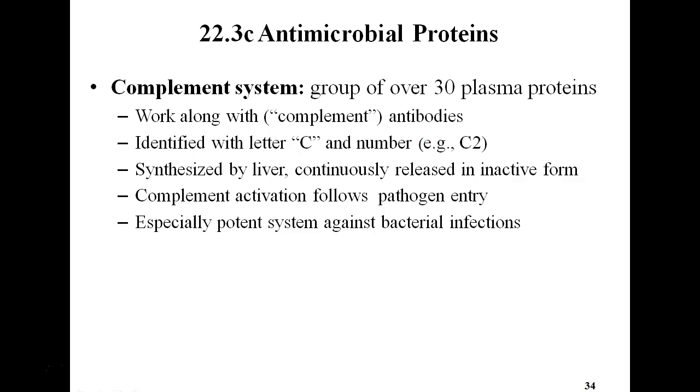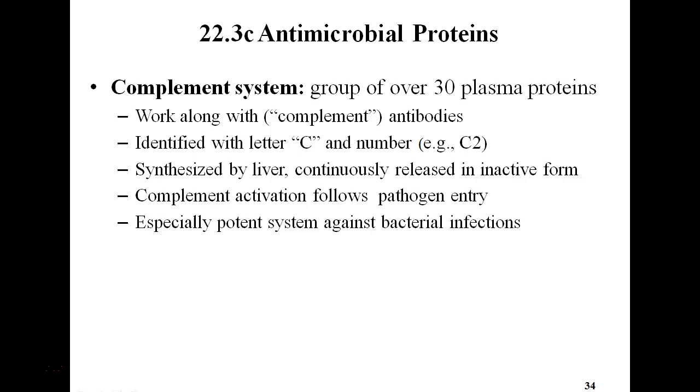Other antimicrobial proteins include the complement system. The complement system is composed of plasma proteins, and these are produced by the liver. We're talking about over 30 of these plasma proteins. Activating this complement system involves an enzyme cascade, and we have a classical pathway or an alternative pathway.